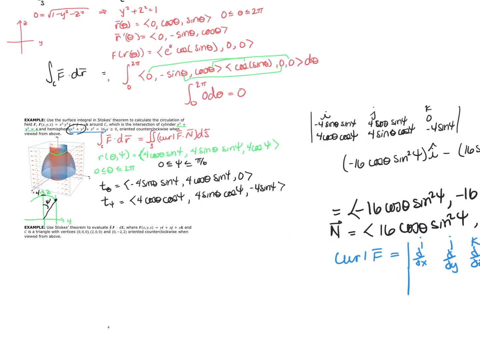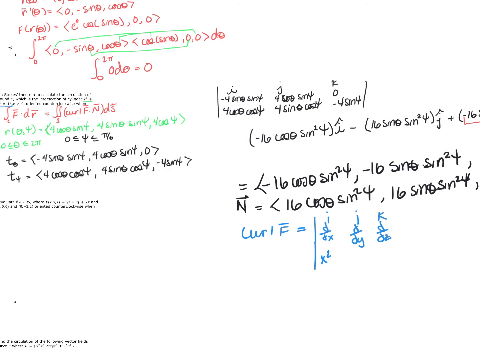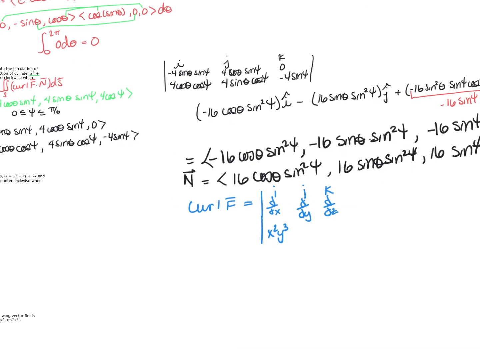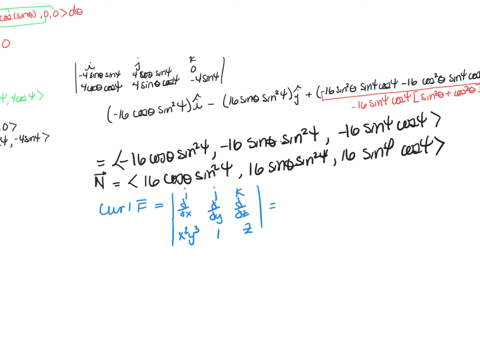And for my f function, I have x squared y cubed, so x squared y cubed. I have 1 and z, so 1 and z. This gives me, when I totally get done, negative 3 x squared y squared in the k direction. And that's it, because everything else is going to go to 0.